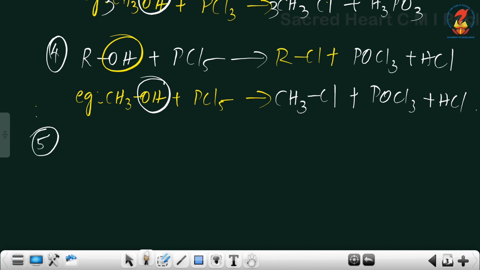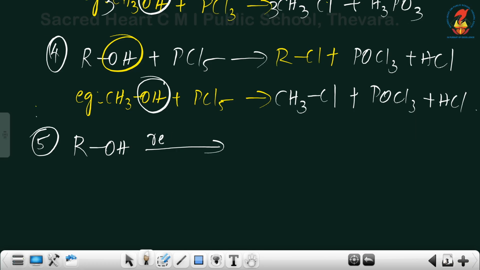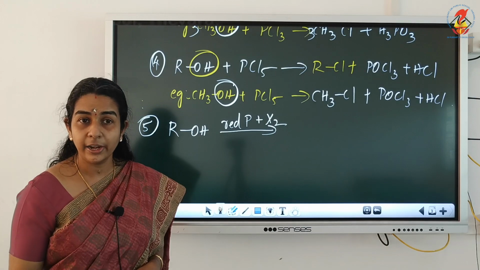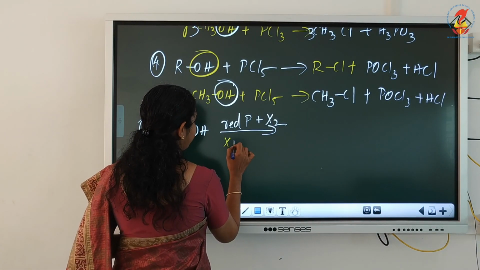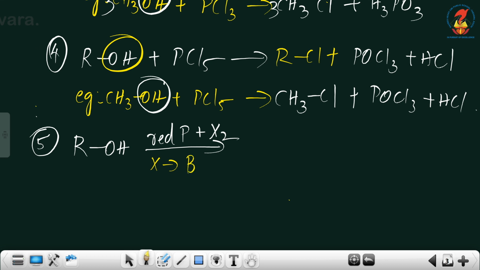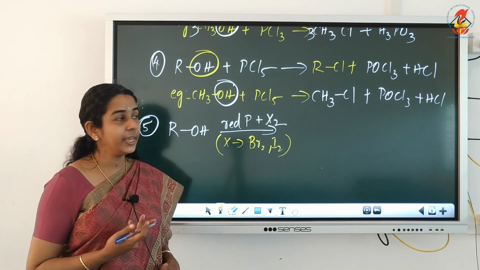Now the fifth method of preparation from alcohol is alcohols on reaction with red phosphorus and X2, red phosphorus and halogen. Here X can be bromine or iodine only.